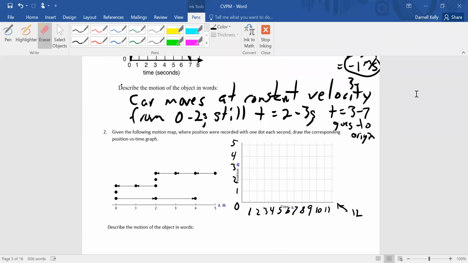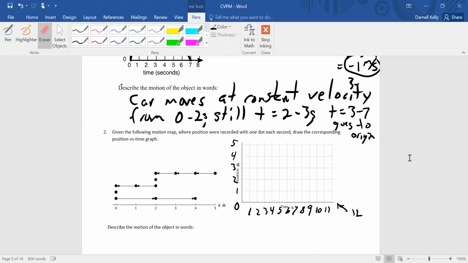So we had a question. Now we went forwards, from the graph to motion map. Now we're going from motion map to graph. Given the following motion map, where position were recorded with 1 dot each second, draw the corresponding position versus time graph. The way to look at this is the number line below.